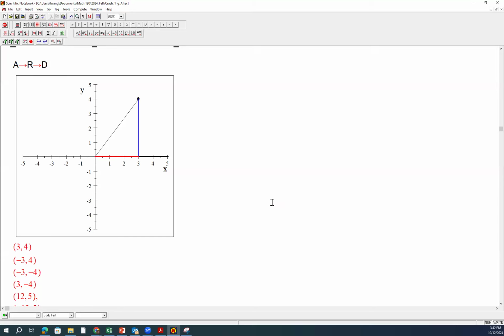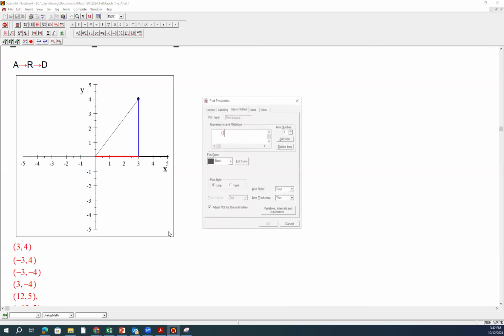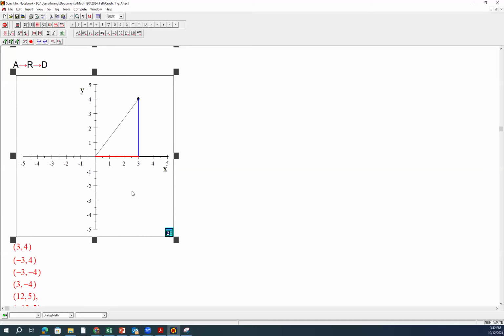Okay. According to the definition, which one is the angle? Okay, hold on. Which one is the angle? Right? It terminates here. It terminates on 3, 4, right?